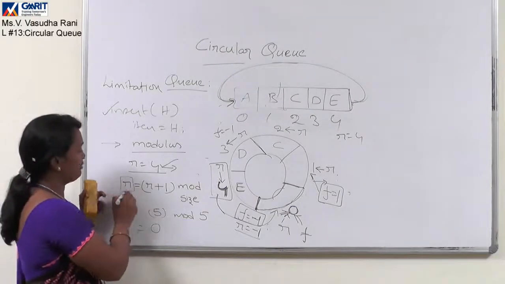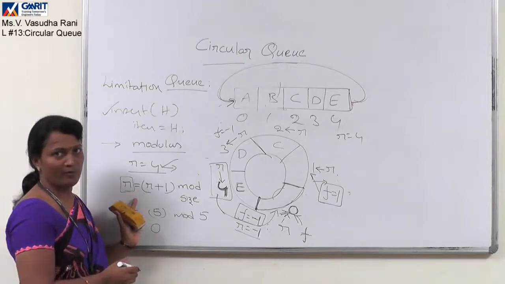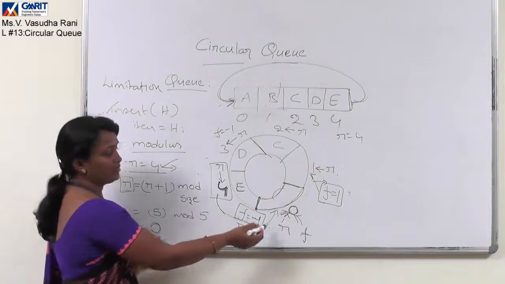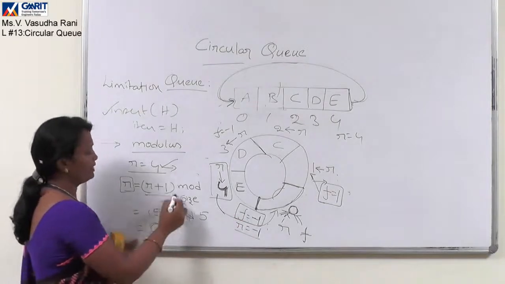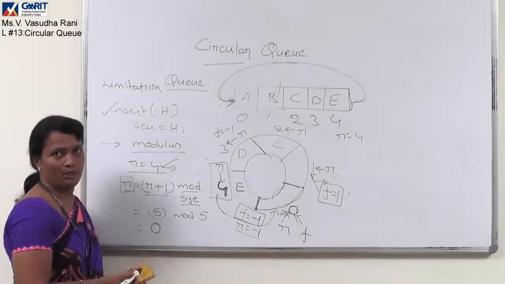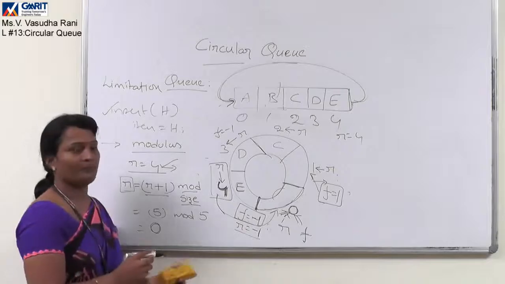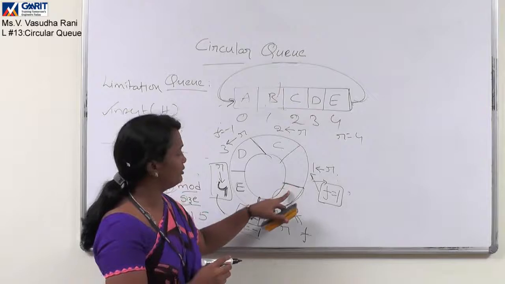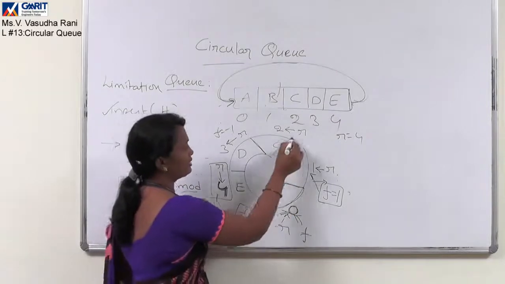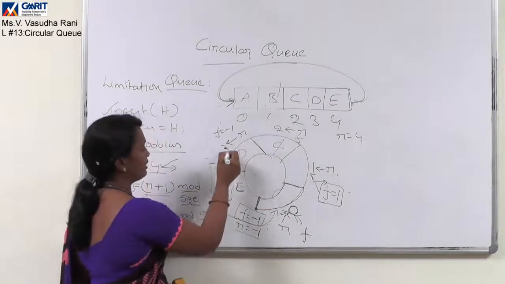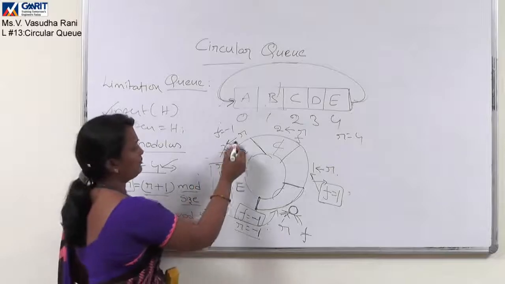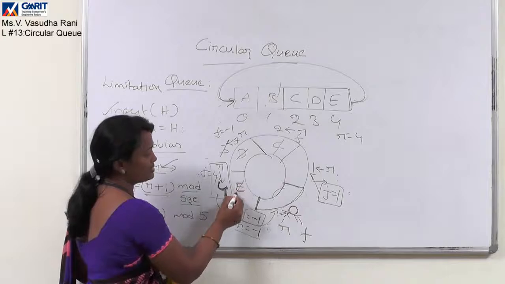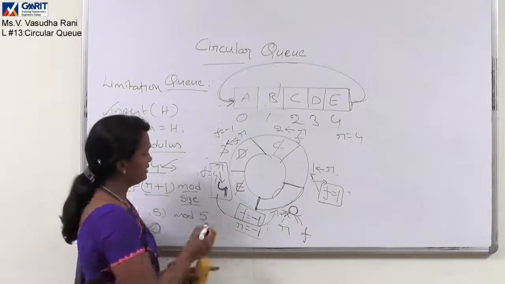So if rear reaches its maximum value, then in order to find the next rear value, we have to apply this mod formula. And similarly with front also. Here you have deleted 2 elements; if you try to delete the third element, f reaches 2, and if you delete the fourth element, f reaches 3, and then f reaches 4. This element also gets deleted.